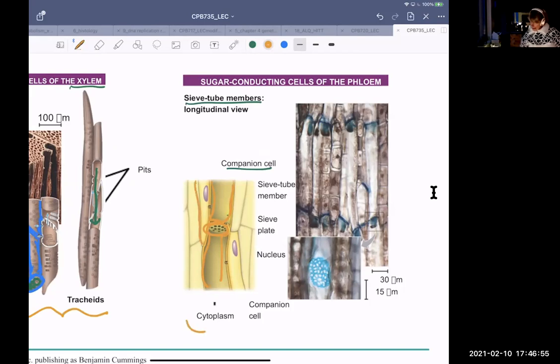The companion cells have a nucleus, as you can see, so they can provide whatever the sieve tube cells require. But the sieve tube cells themselves don't have nuclei.